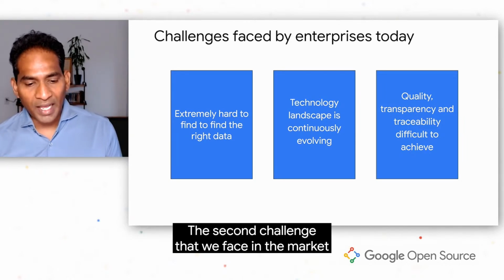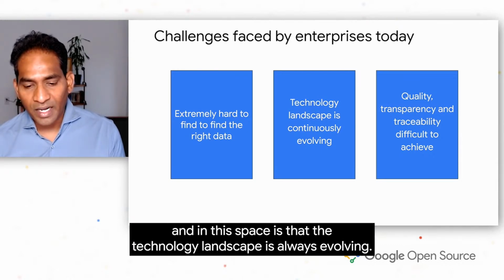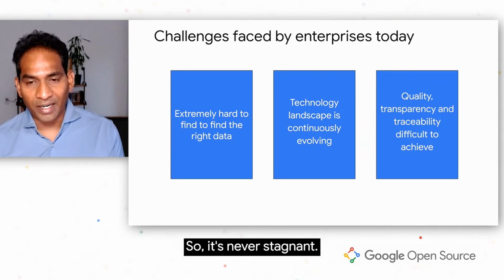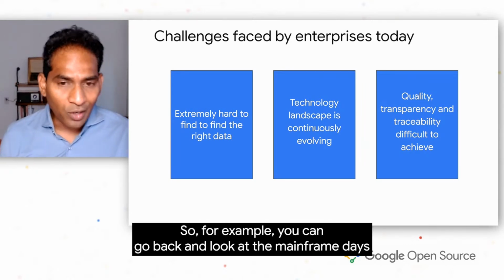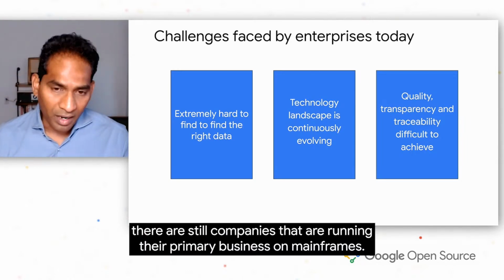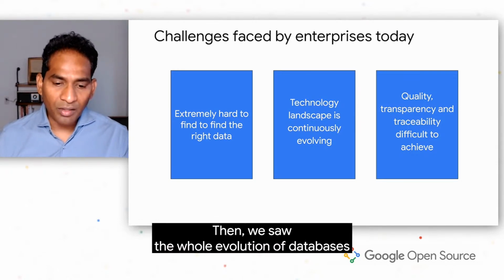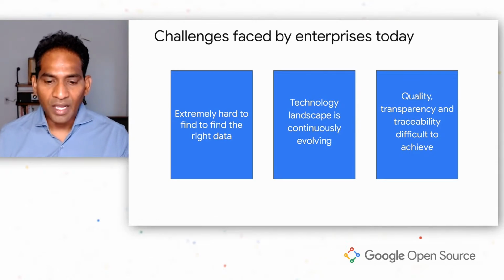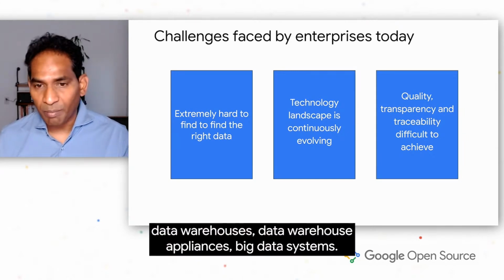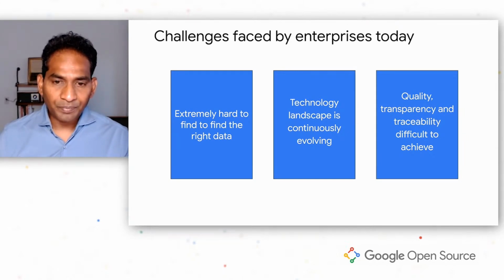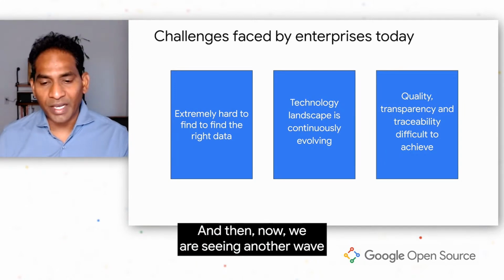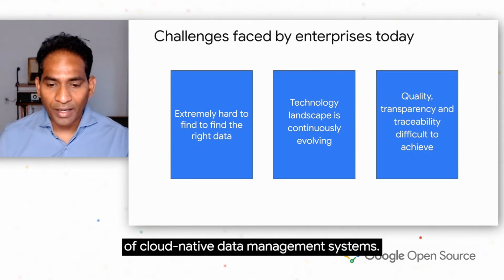The second challenge that we face in this space is that the technology landscape is always evolving, so it's never stagnant. For example, you can go back and look at the mainframe days. There are still companies that are running their primary business on mainframes. Then we saw the evolution of databases, data warehouses, data warehouse appliances, big data systems, and now we are seeing another wave of cloud native data management systems.